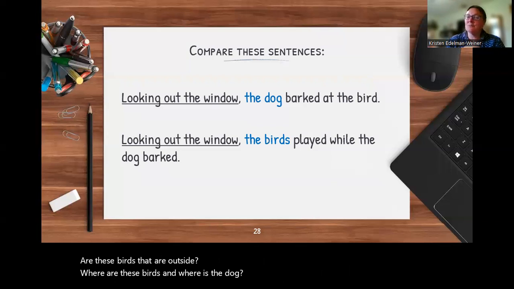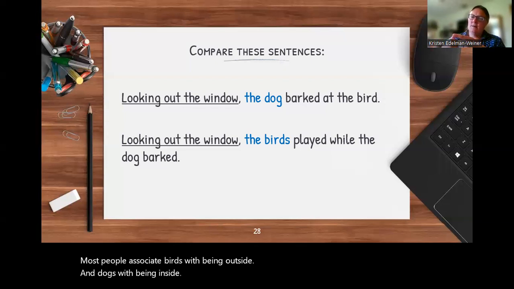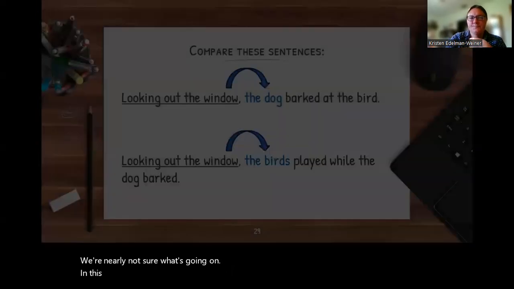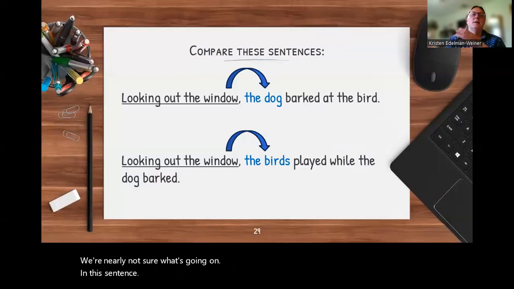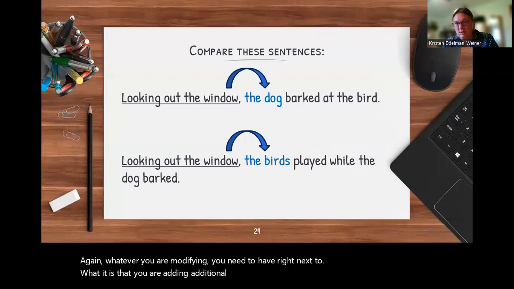This sentence is a little more confusing than the first sentence because most people associate birds with being outside and dogs with being inside. And so we're really not sure what's going on in this sentence. Again, whatever you are modifying, you need to have right next to what it is that you are adding additional information to.